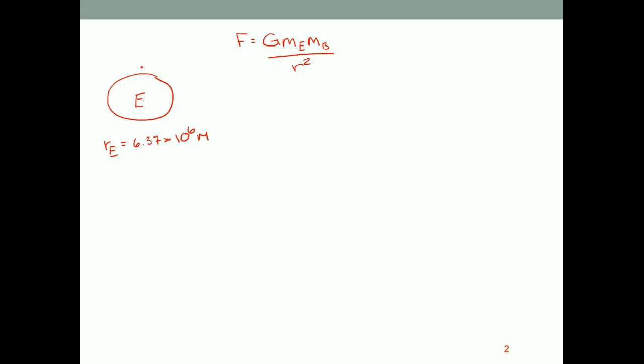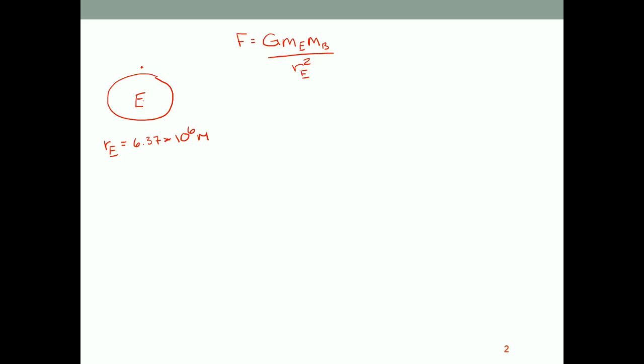Radius of the Earth is 6 million meters and a change. And we're talking maybe a couple hundred more. Do you think that couple hundred really matters in the great scheme of things? Not really. So we're going to call this distance just the radius of the Earth.